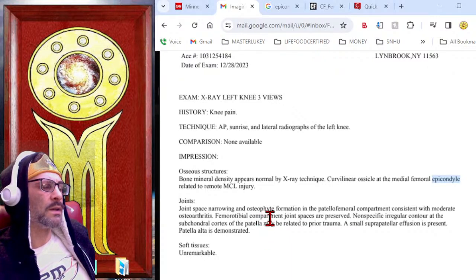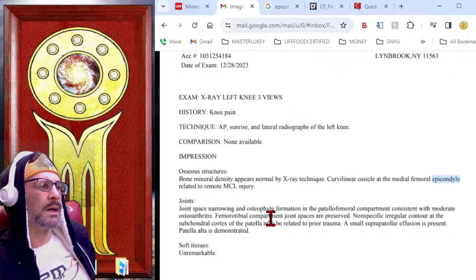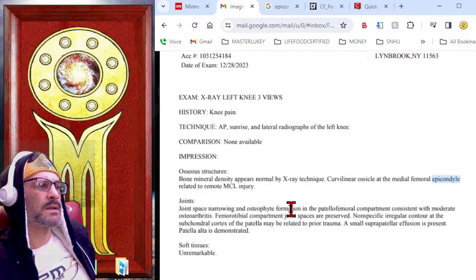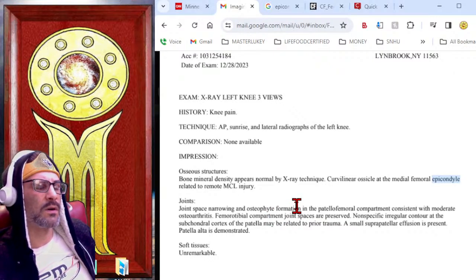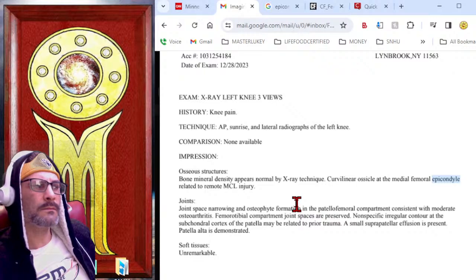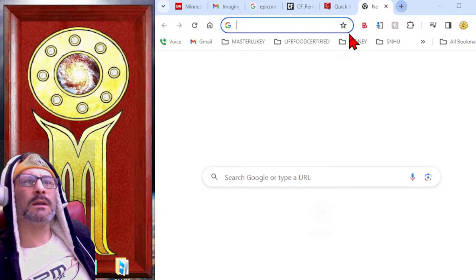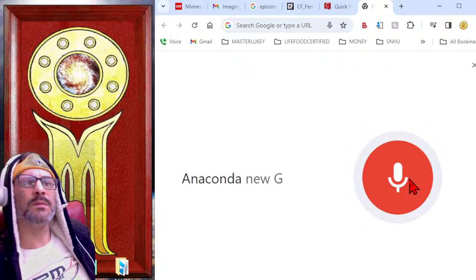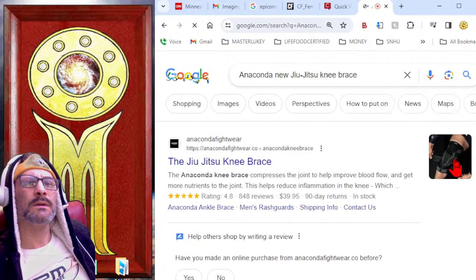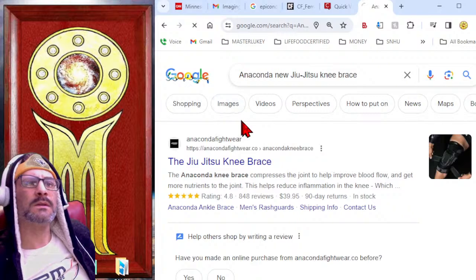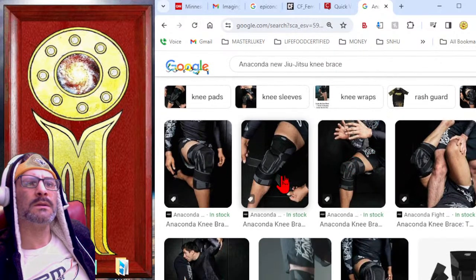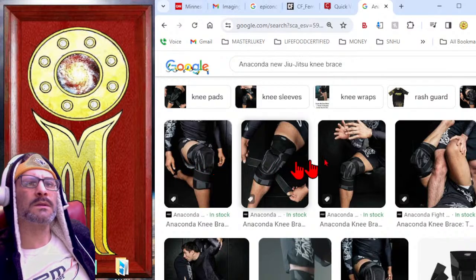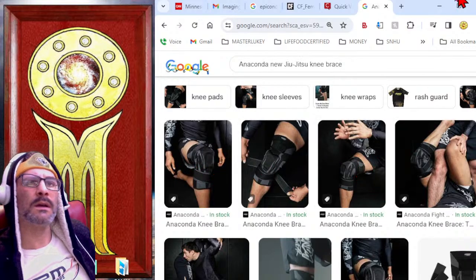Do you want that brace? Probably not. I don't want a brace with hard plastic or hard metal in it. I'm gonna get something like an Anaconda new Jiu-Jitsu knee brace. Something like this is kind of like what I want to look at getting.